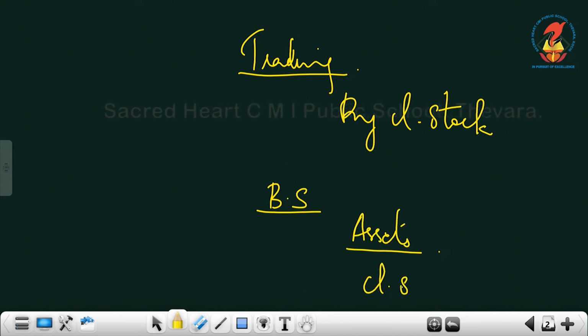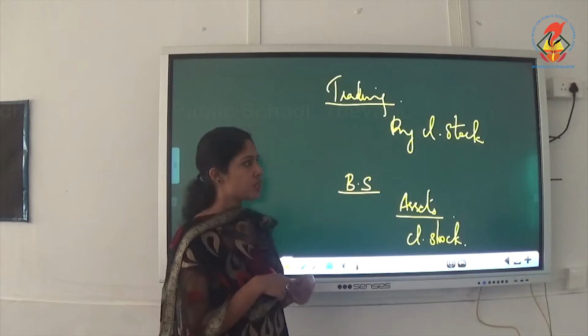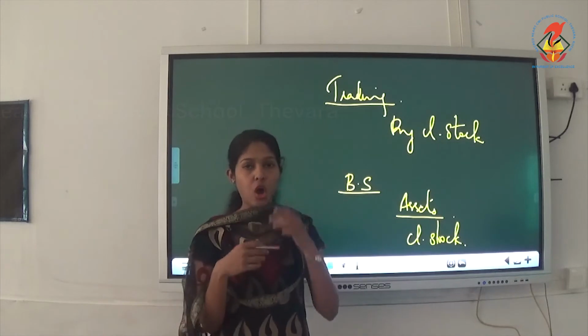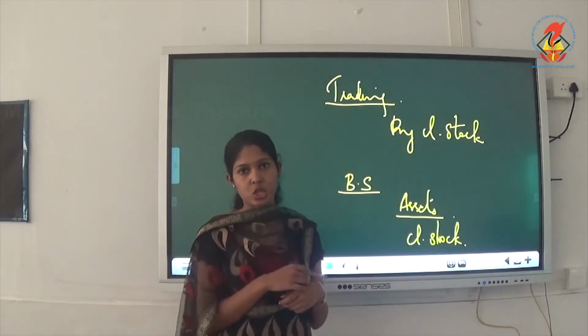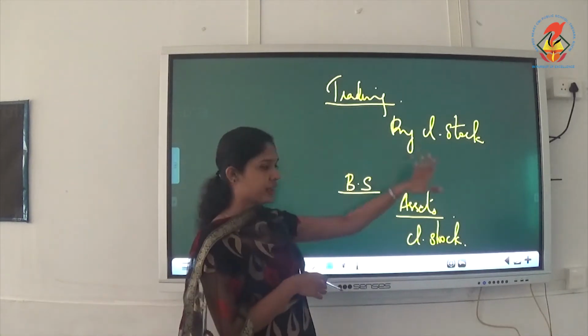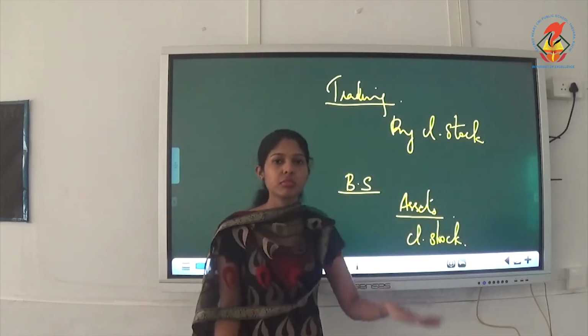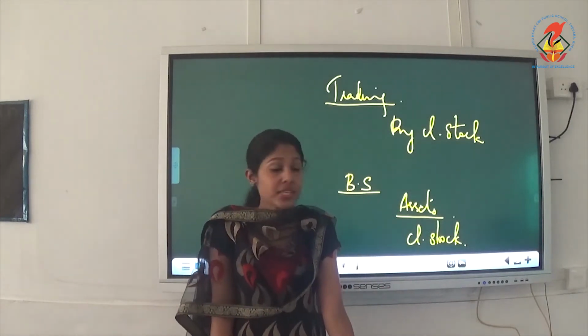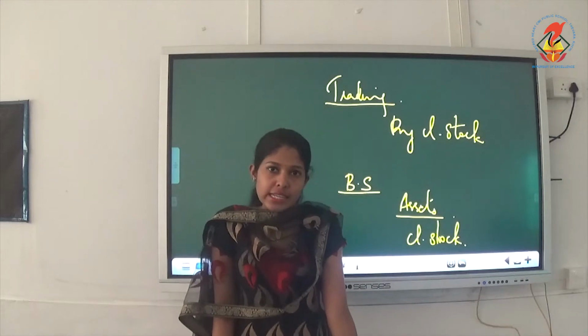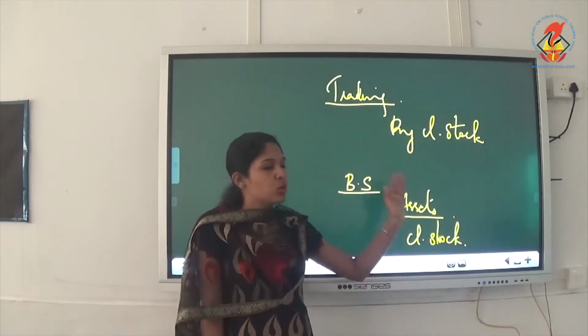This was recorded as a current asset. Understood? So this is the double effect of closing stock. Once on the credit side of trading, later in the balance sheet asset side. This effect you have already learned last chapter, and we are doing the same.